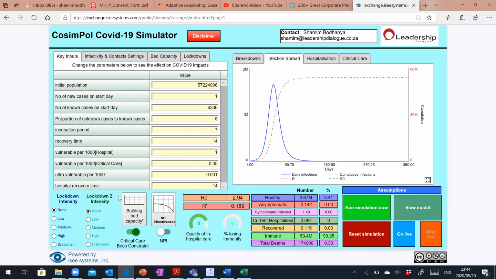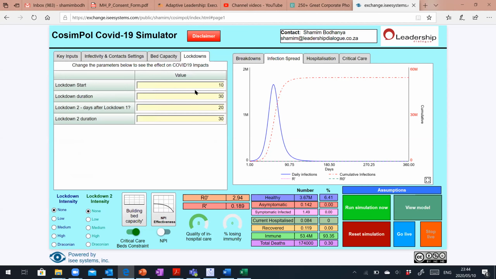So I'm going to use the base case and just run a few basic scenarios with the existing lockdown dates, days, and duration.